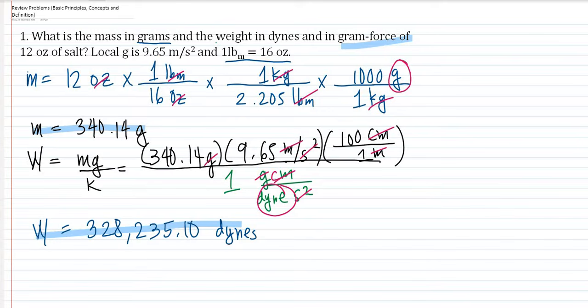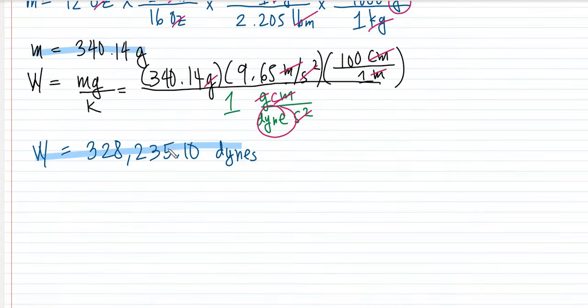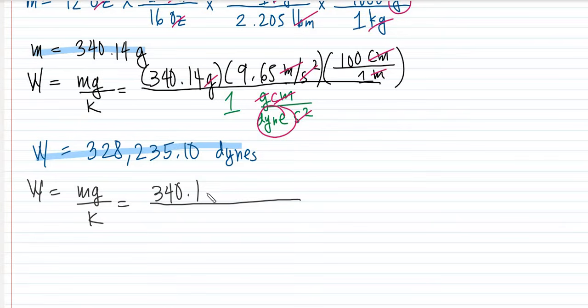For the weight in gram force, we already have the mass again. So we will use the formula mg over k. The mass is 340.14 grams. And 9.65 times 100 is very easy.